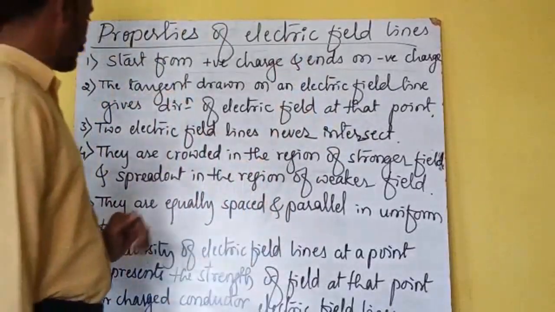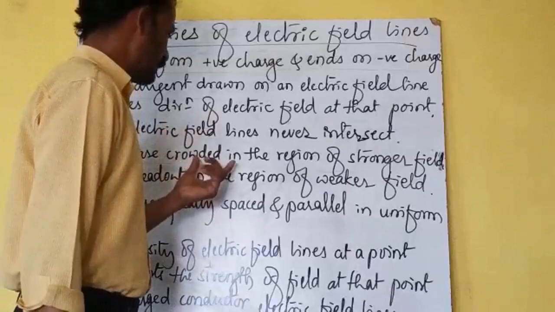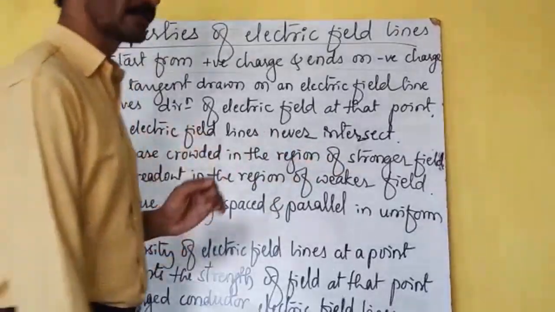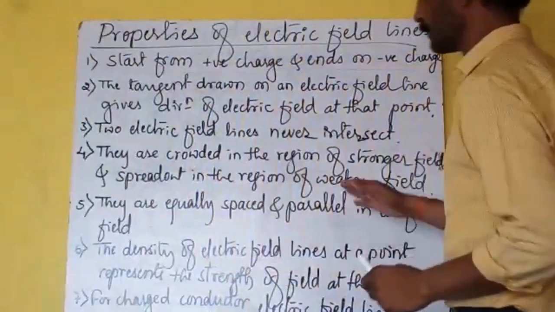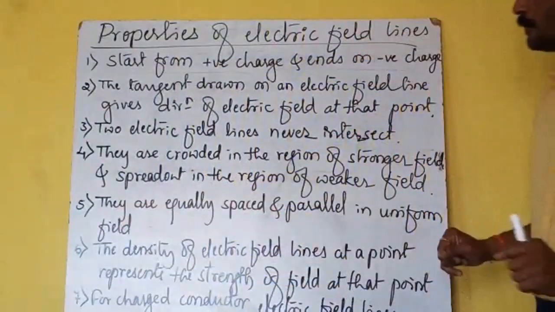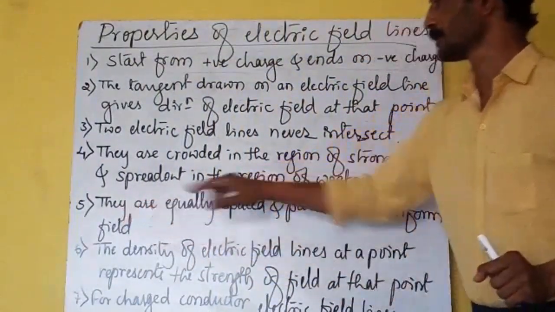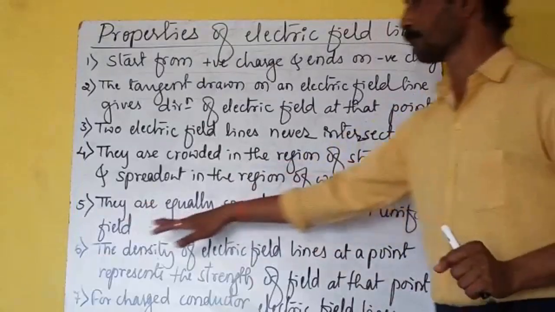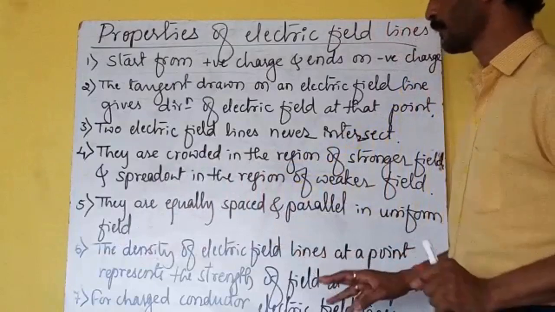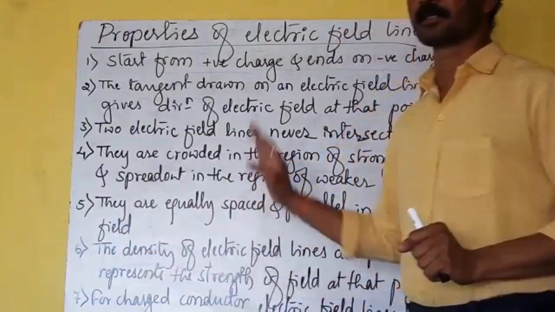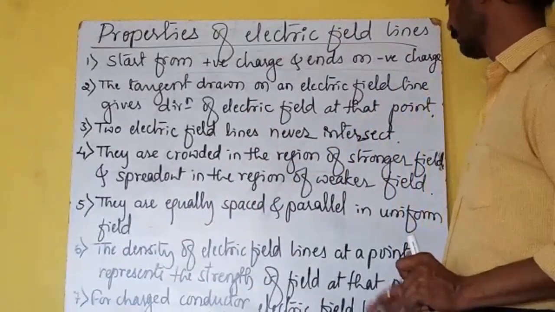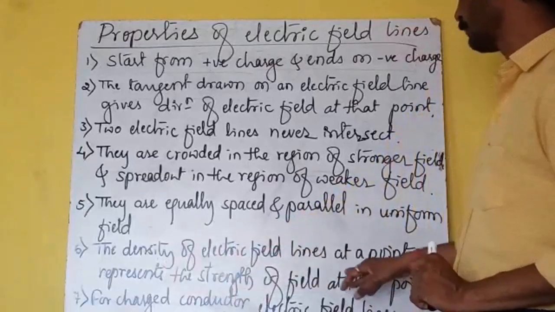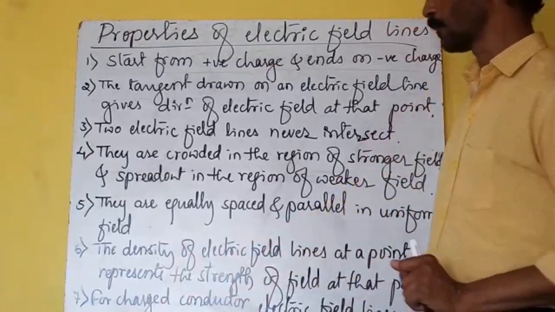The fourth property is, the electric field lines are crowded in the region of stronger field and spread out in the region of a weaker field. And the fifth property is the electric field lines are equally spaced and parallel in a uniform electric field. And the sixth one is the density of the electric field lines at a point gives the strength of electric field at that point.